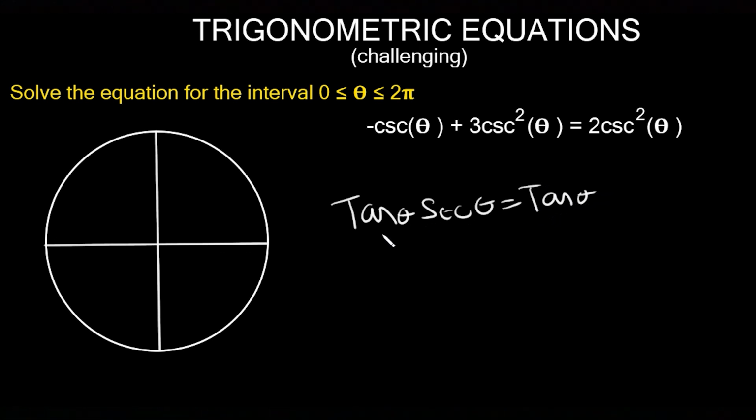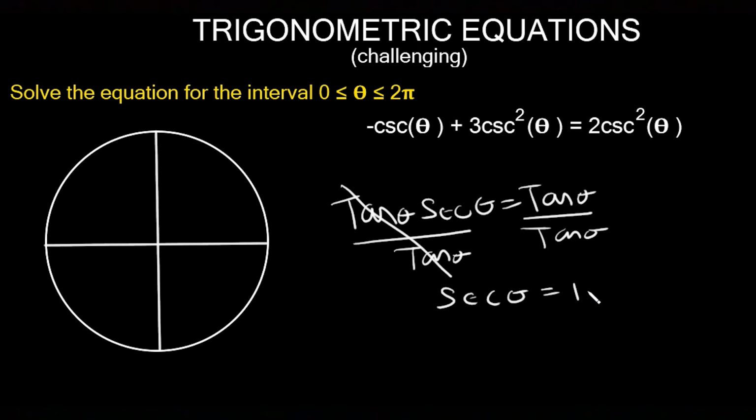That will make it way easier, right? So if you divide out tangent theta, both here and here, well, tangent theta will cancel and you get secant theta is equal to 1.